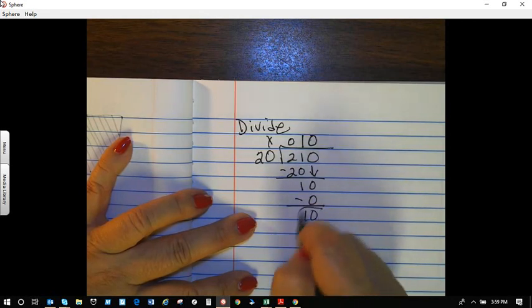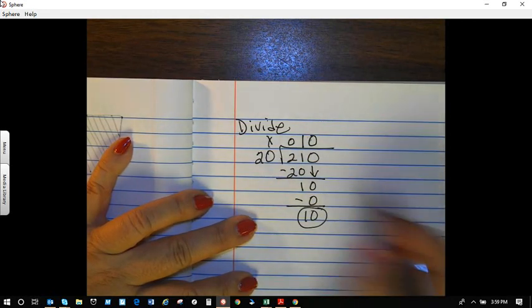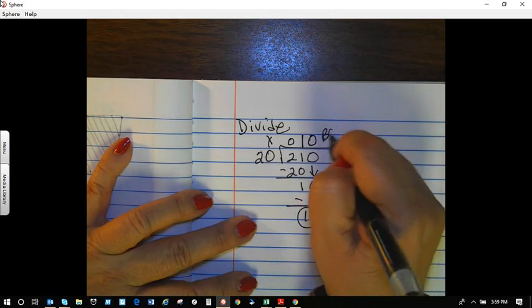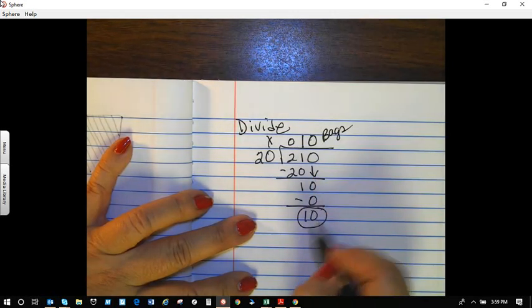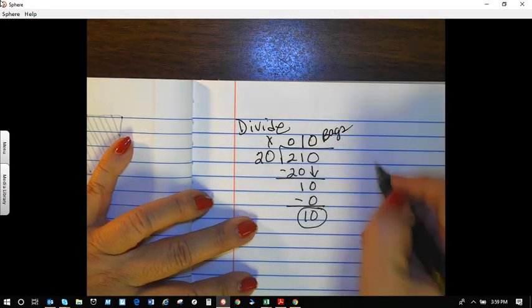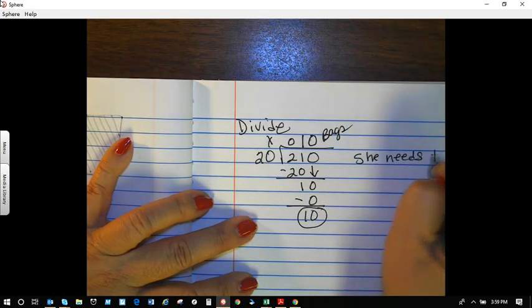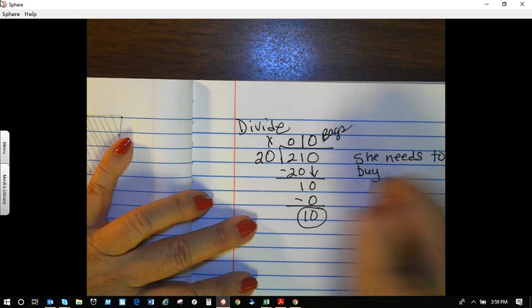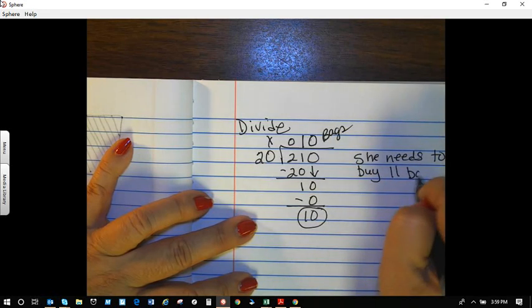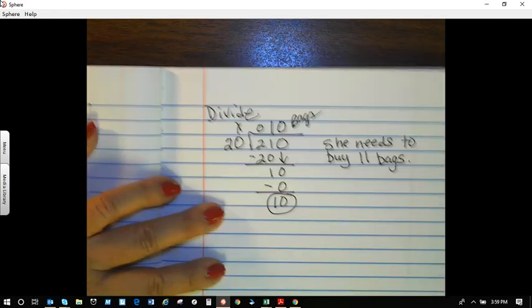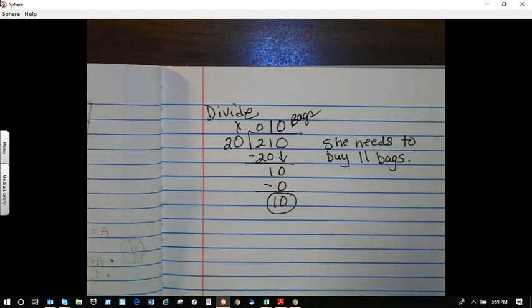And I have a remainder of 10. So I'm looking at, this is the total number of bags. She'll still have some land left over. So she needs to buy 11 bags. Does it matter if she has any left over? No, not at all. So she'll have to buy 11 bags of soil.